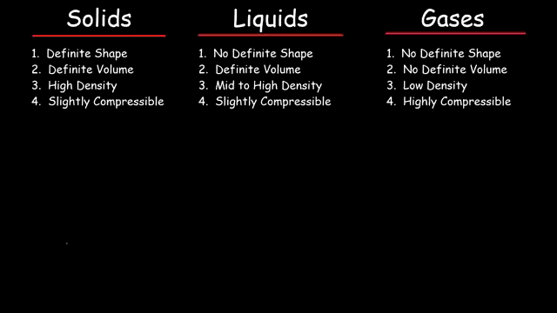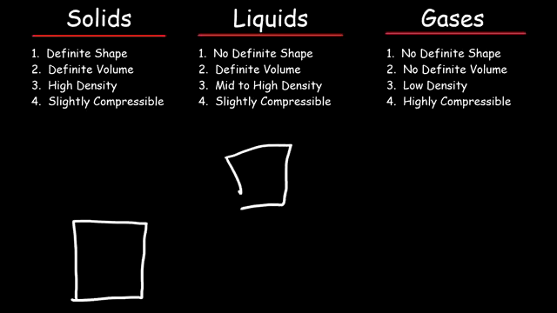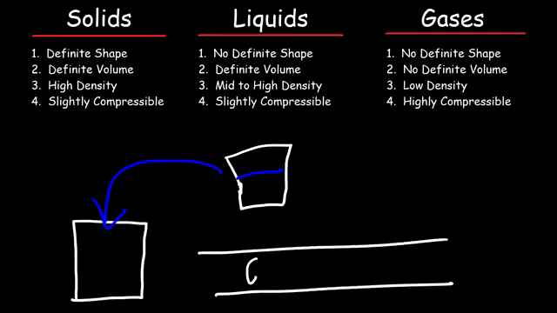A liquid can flow. So let's say if I have a cup, I can take another cup and pour liquid into it. The gases can flow too. Let's say if you have a pipe and you have a gas in the pipe. The gas can flow through the pipe, but solids, they don't have that ability to flow.